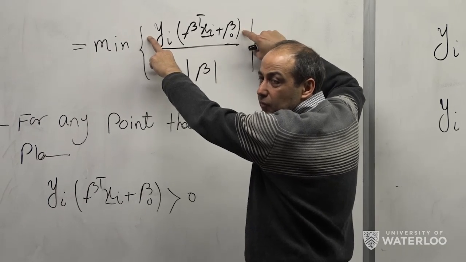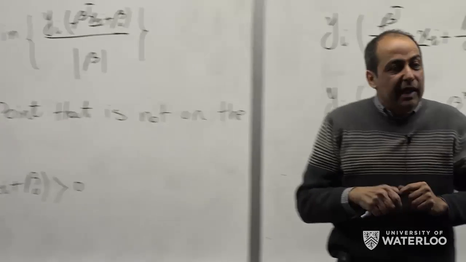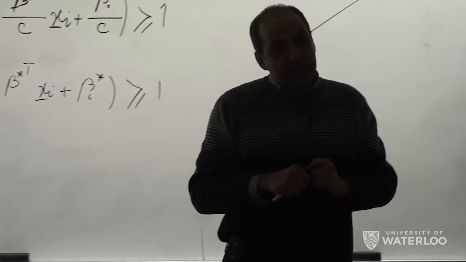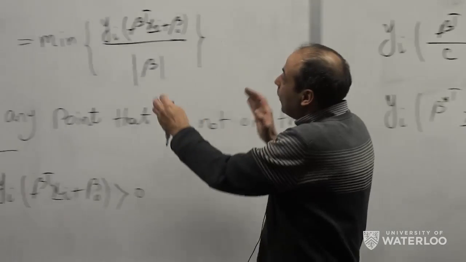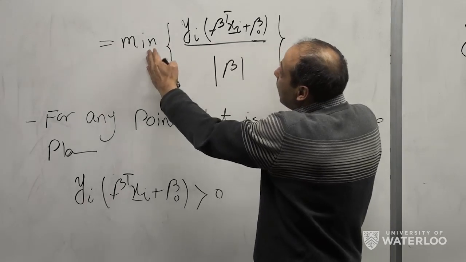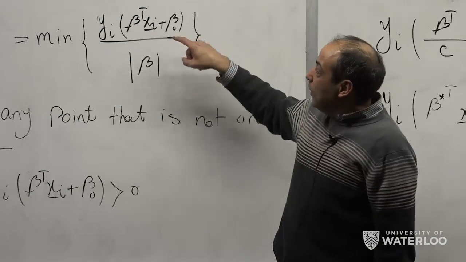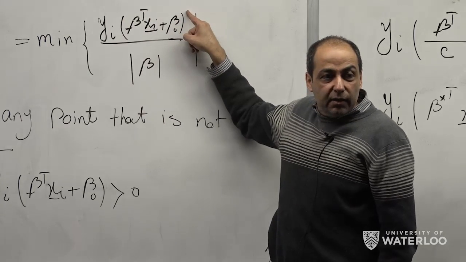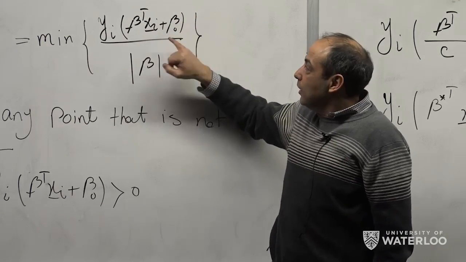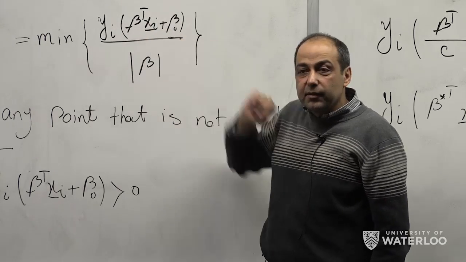Could be larger than 1, but cannot be less than 1. Okay? So in this case, if I want to minimize this, and I know the minimum value of this quantity is 1, so I can just replace this by 1.